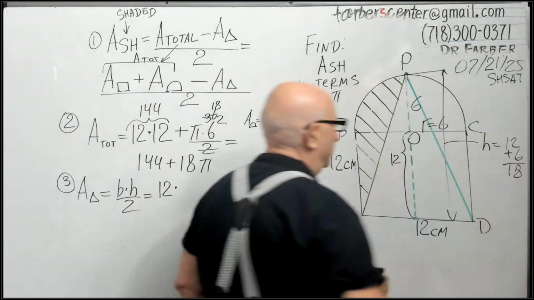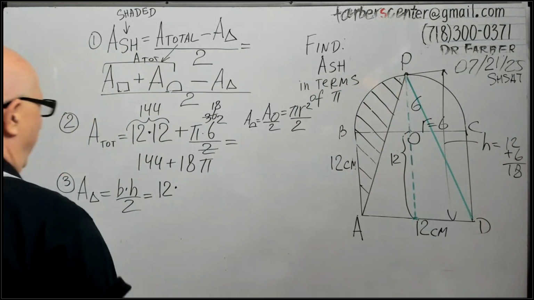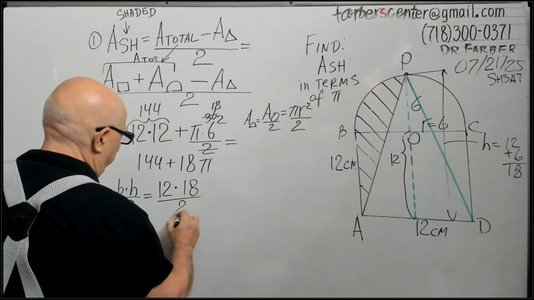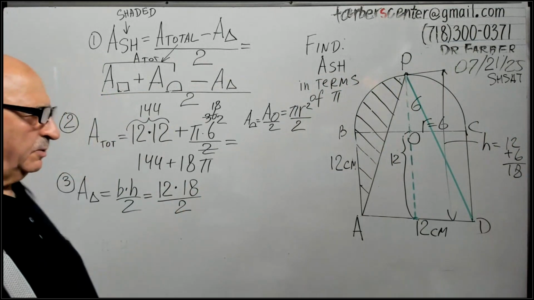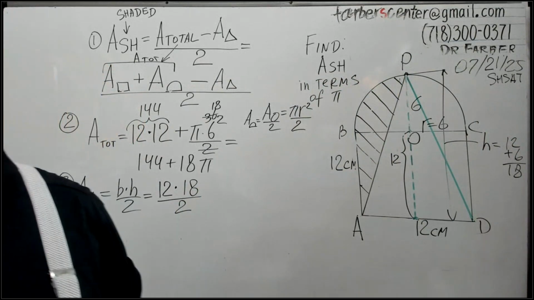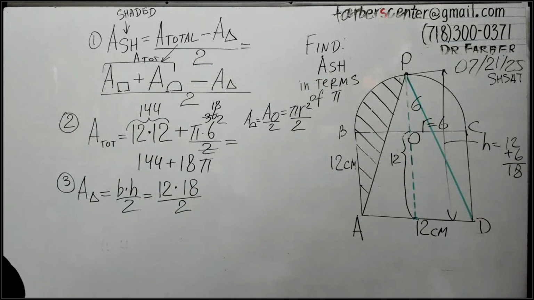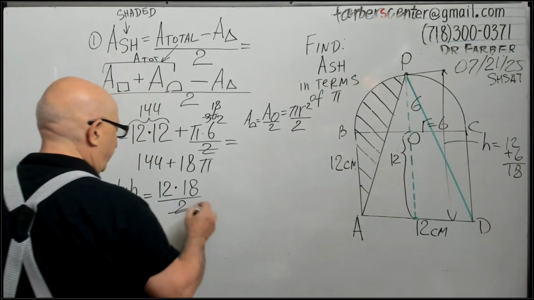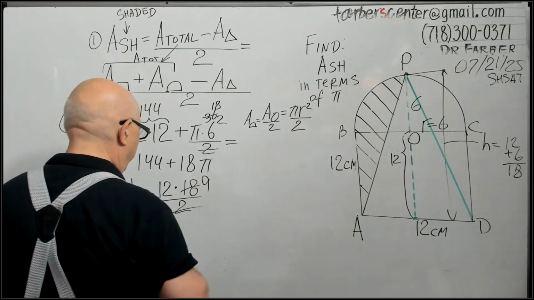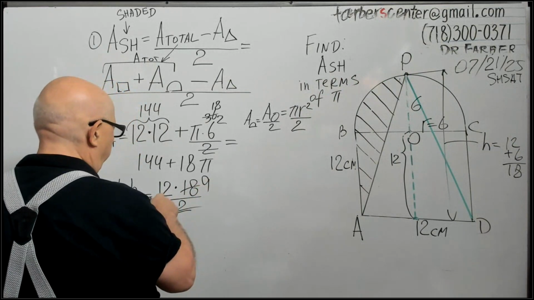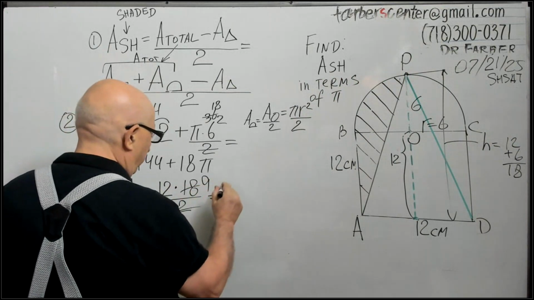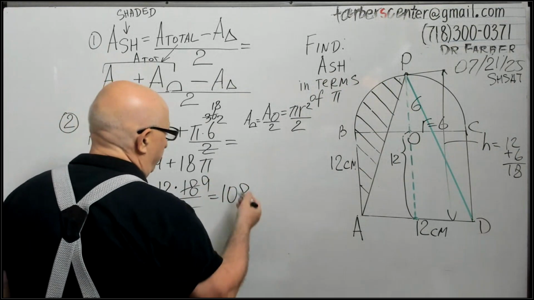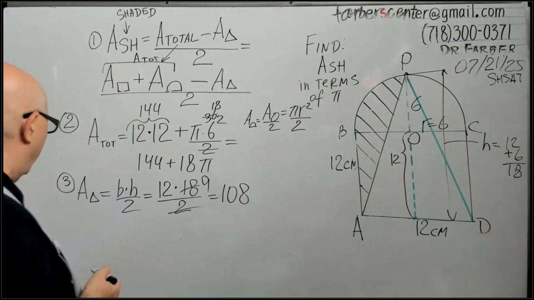The height is 18. And divide by 2. Who understands up to this point everything? Good. Now, 2 goes into 18 9 times. 9 times 12 is 108. This is in square centimeters, the area of my triangle.